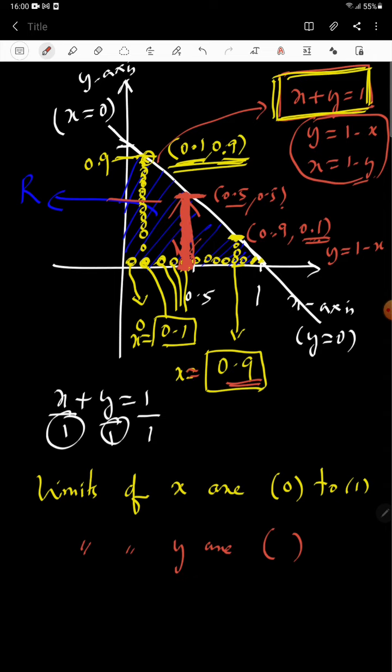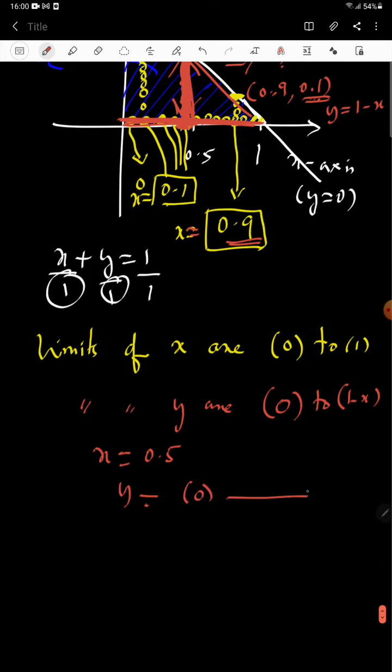If I take a strip parallel to the y-axis, all the strips start at this and end at this one. So it starts at 0 and ends at 1 minus x. If x is equal to 0.5, y starts at 0 and ends at 0.5, which is 1 minus 0.5.